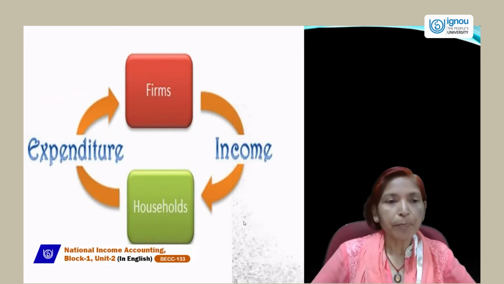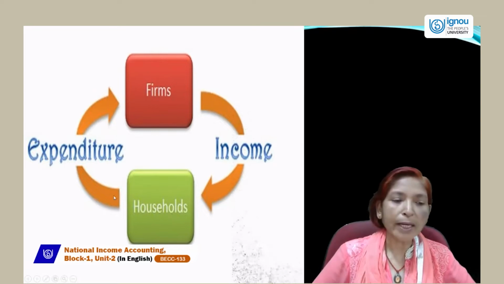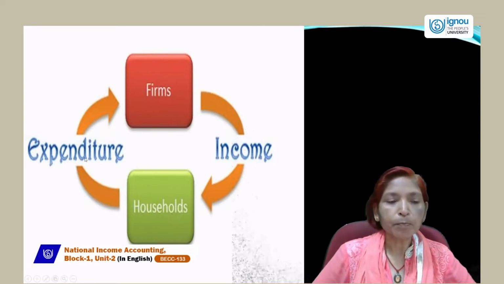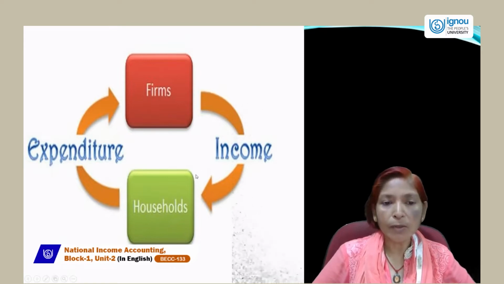In this way, first of all, firms provide income to the household sector. Then households spend this money income on goods and services, and it again goes to the firm sector. So this flow goes on continuously. That is called circular flow of income.